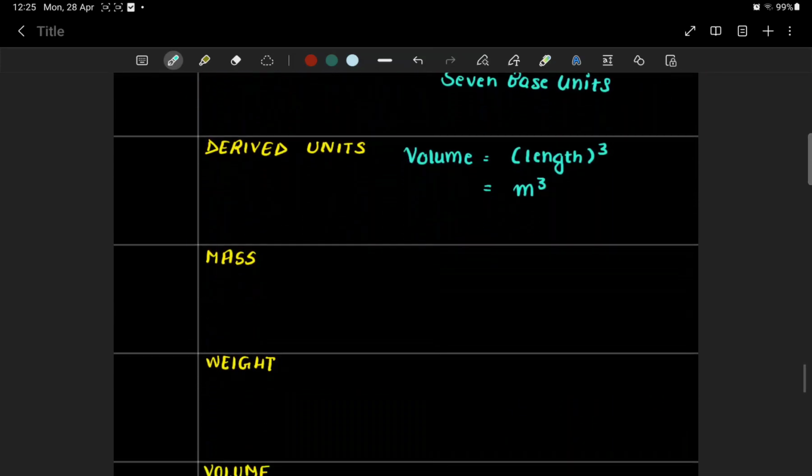Moving on, we have mass and weight. When we talk about the mass of a substance, it is the amount of matter present in it.